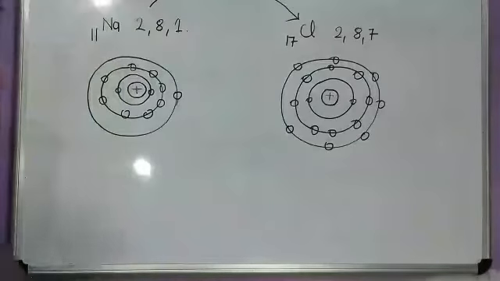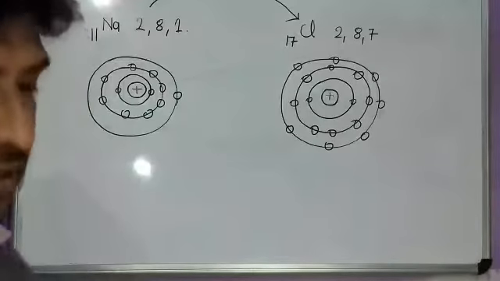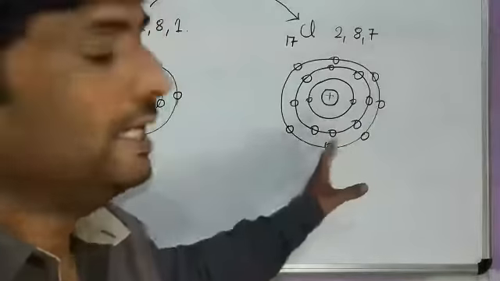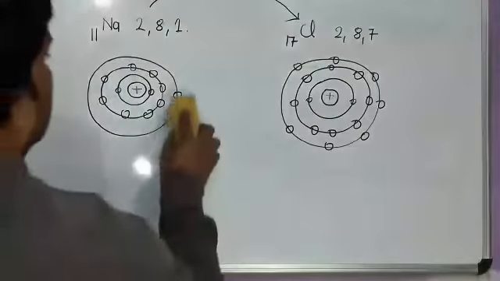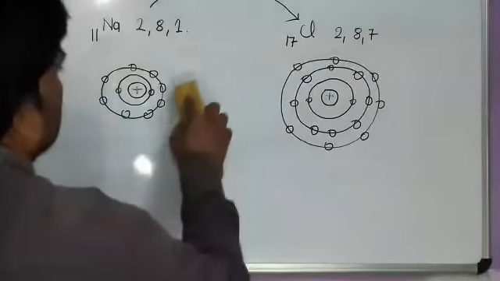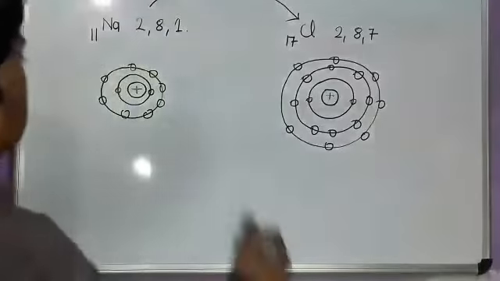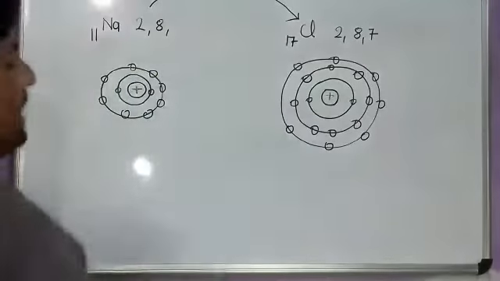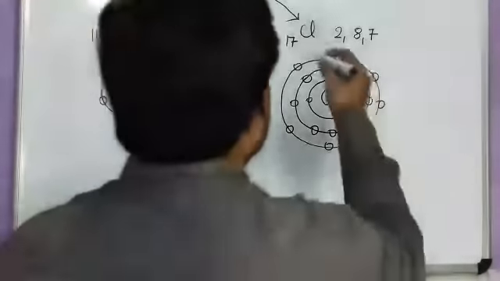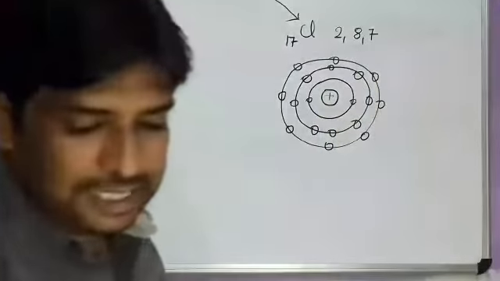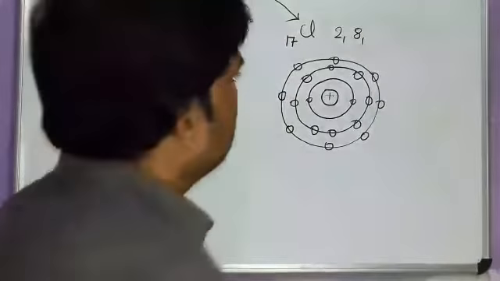Clear? Now, after donating and gaining of electrons, what is the structure of the atoms? For sodium it is 2 8 only, because 1 electron is donated to the chlorine atom, and chlorine gains 1 electron, so its configuration becomes 2 8 8.